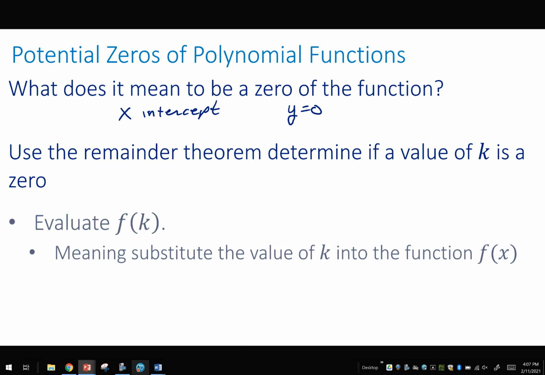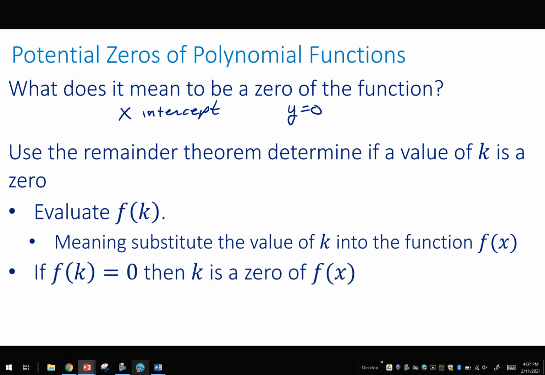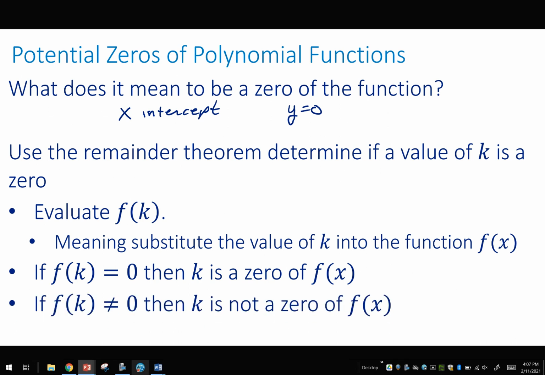So we are going to evaluate f of k, meaning we're simply going to substitute the value of k into that function. After we do that substitution, if we get an answer of 0, then k is a 0 of that function. But if f of k is not equal to 0, then k is not a 0 of that function.